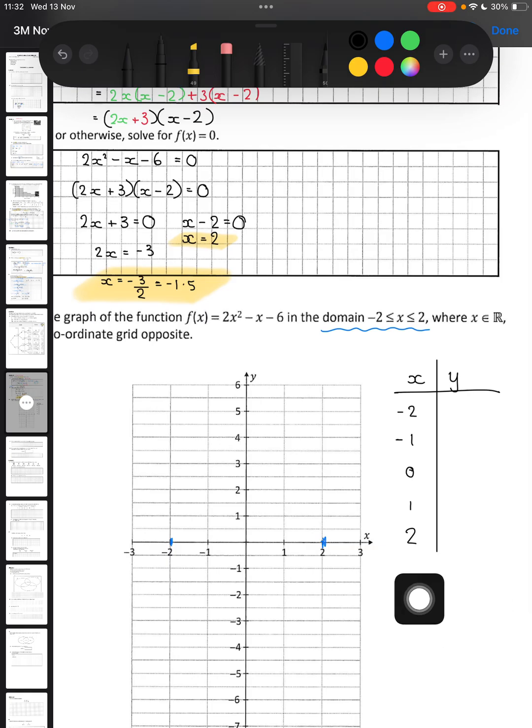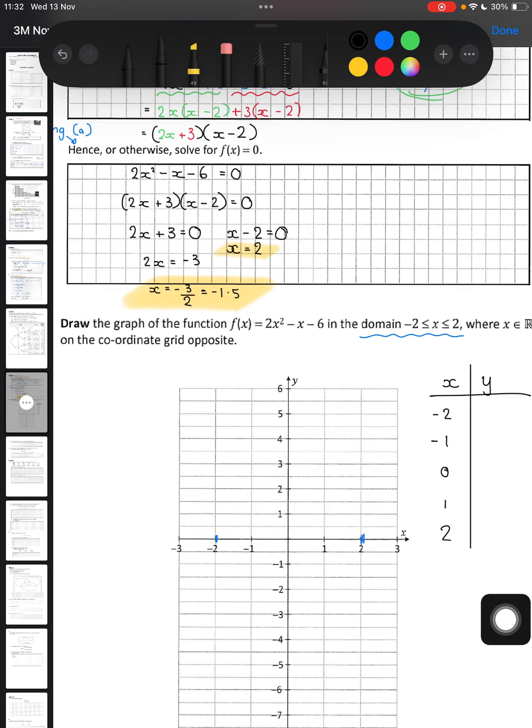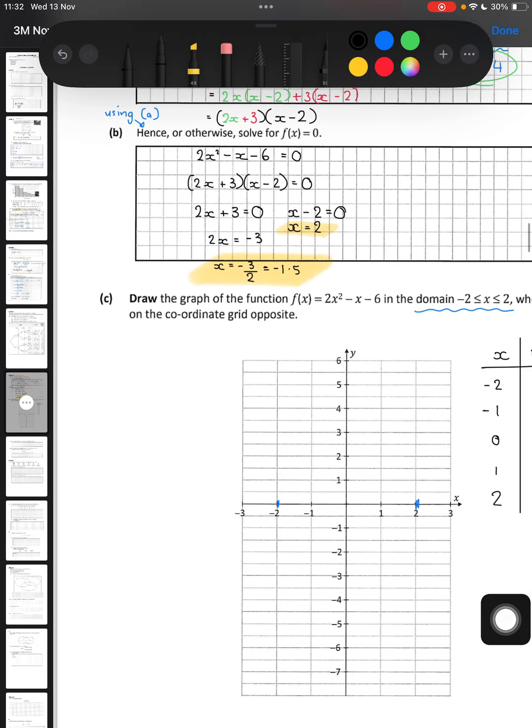To do that in your calculator, there are different ways of doing it. We do have a video on that at the start of our functions playlist, so pop that into your calculator there. The other way you can do it without your calculator is, again, another input-output table.